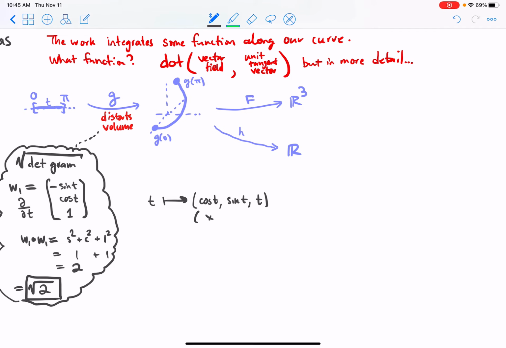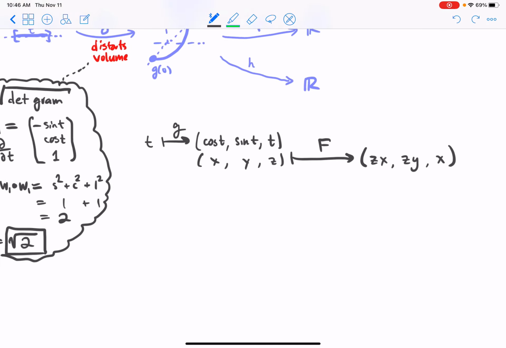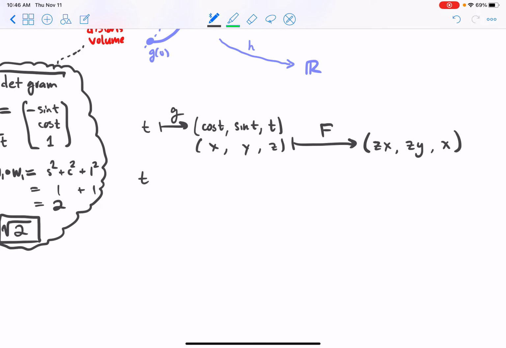And then f, the vector field, takes x, y, z, and spits out, I think it was zx, zy, and x. Let's check that. Zx, zy, x, right? Zx, zy, x.